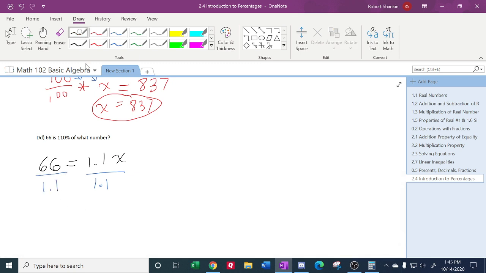And that tells us, we turn it around, put the x first, punch this out in the calculator. 66 divided by 1.1 turns out to be 60. And that's the answer right here. 66 is 110% of the number 60.